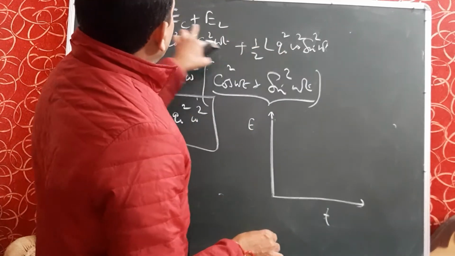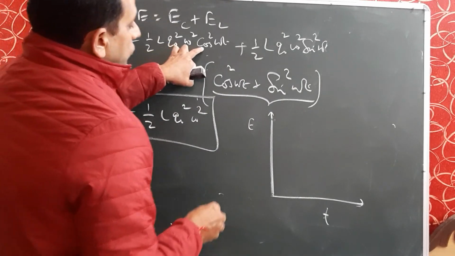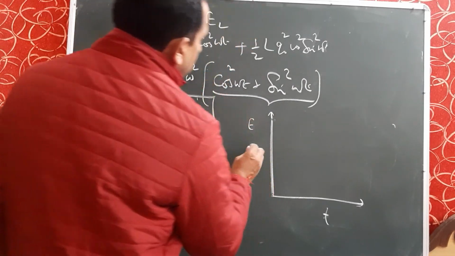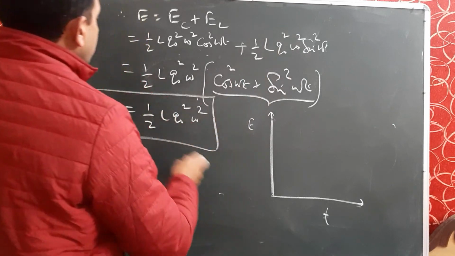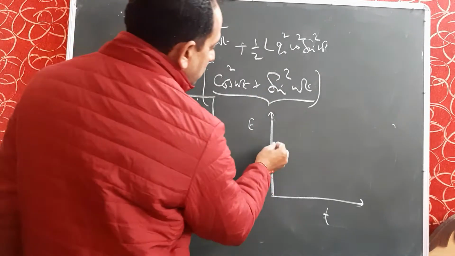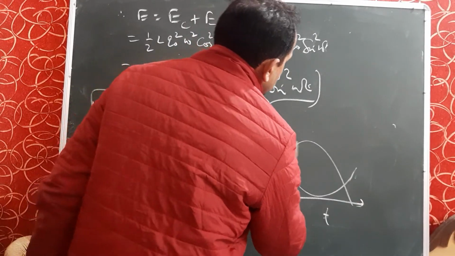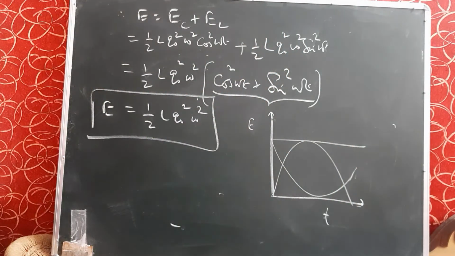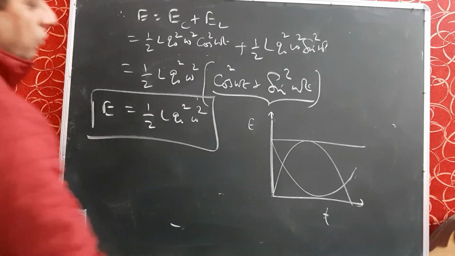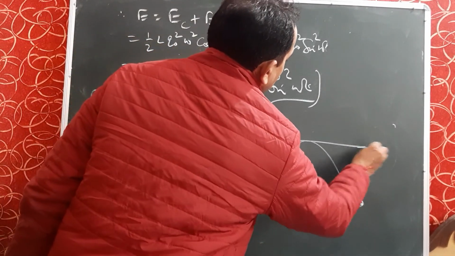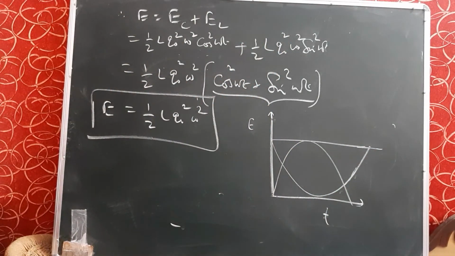For the capacitor, this function is cos square, and this one is sin square, and ultimately the total is constant. So, one function is like this, the other is like this, and the total is like this. The same type of graph is observed in the electrical oscillator as well as in the mechanical oscillator. So, this is the variation of energy stored in the electrical oscillator.